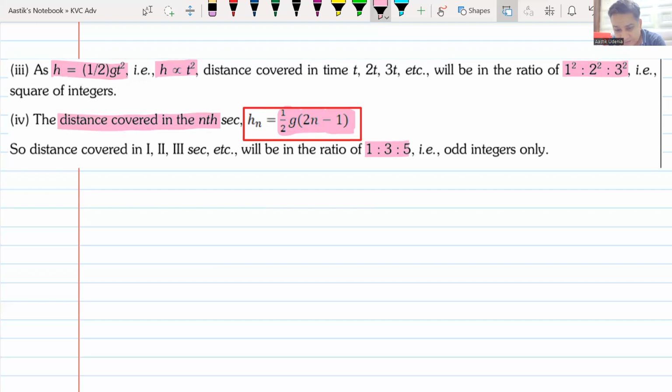This is just an implication of u being 0 and we are getting all these results. If you can remember these results, this will help you in solving some questions very fast. Do we understand this? Yes or no?